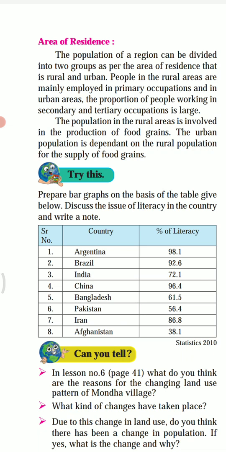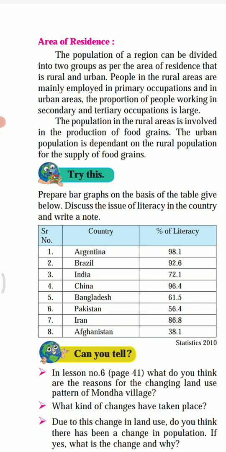And then some questions are given. And now I will discuss those questions. Children, the first question is, in lesson number 6, what do you think are the reasons for the changing land use pattern of Mondha village?